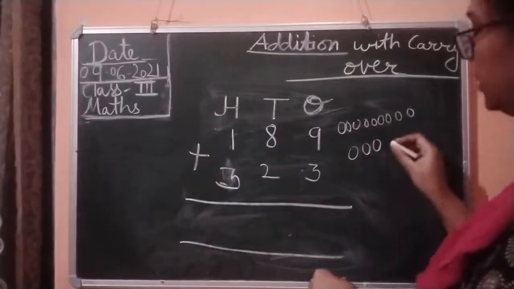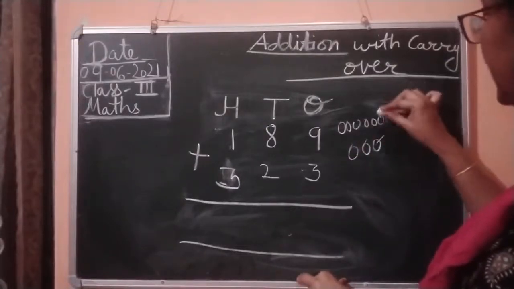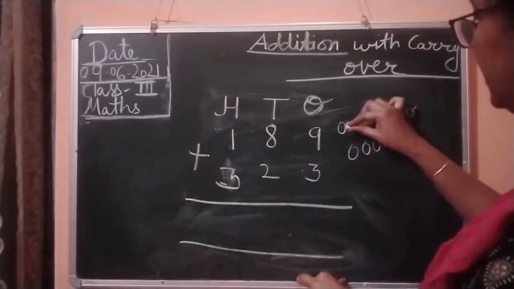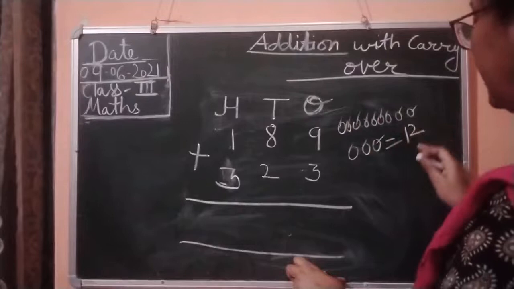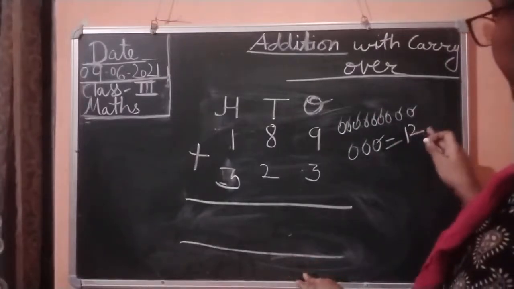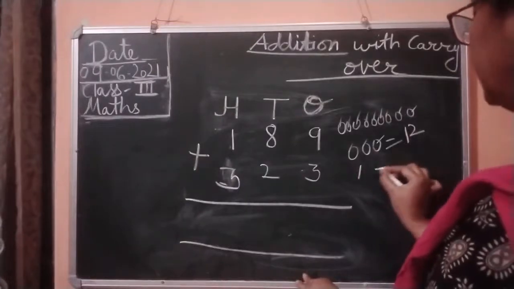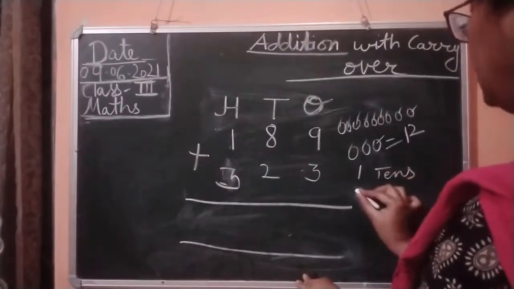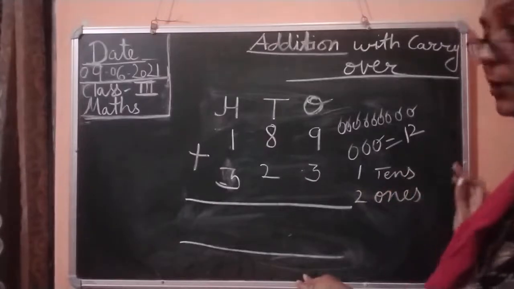Now let's count: 10, 11, 12. So the answer we are getting over here is 12. Now 2 is ones, and here you can see 1 tens and 2 ones.